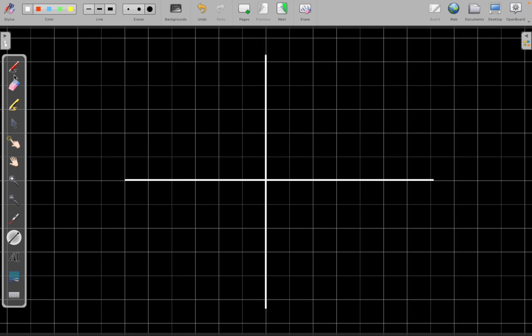We always put the arrows on both sides and always label the axes. So we can quickly draw in all of these.